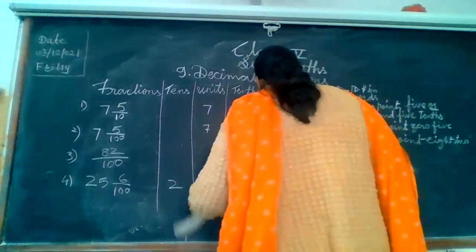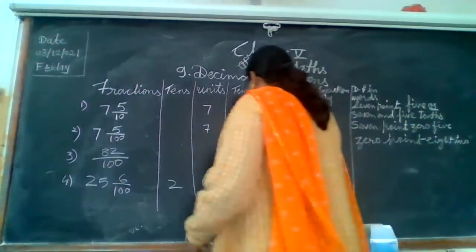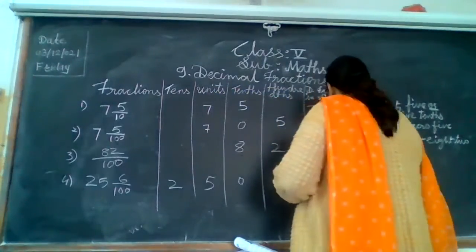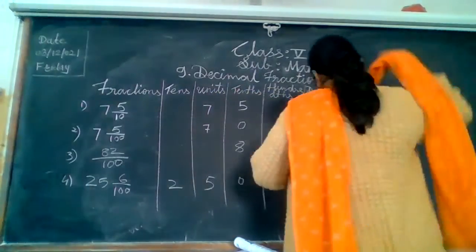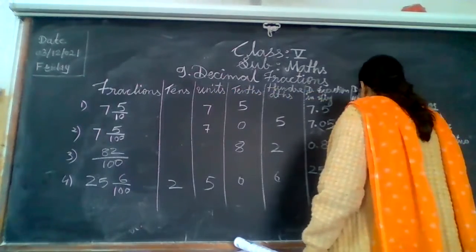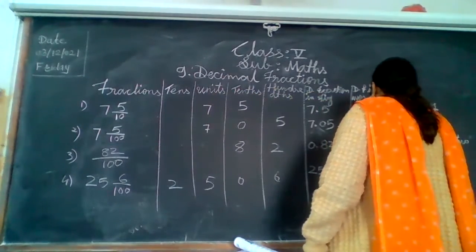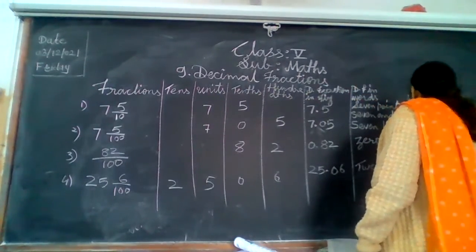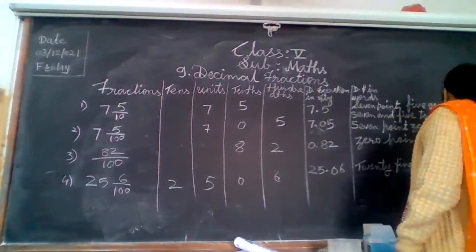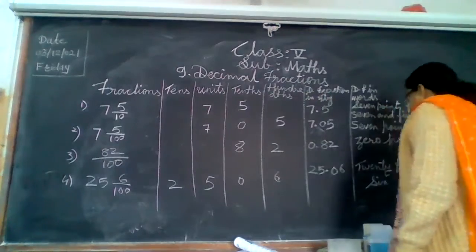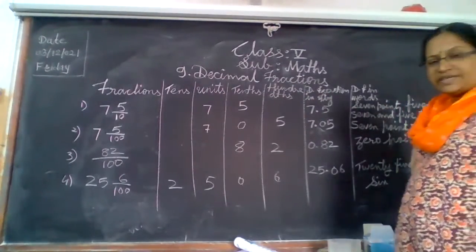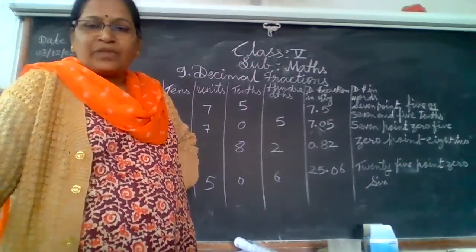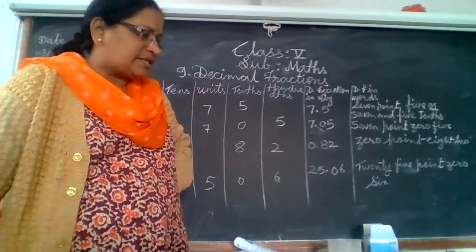It is divided by 100. You have to write the spelling. 25.06, or you can say 25 and 6 hundredths. Got it?